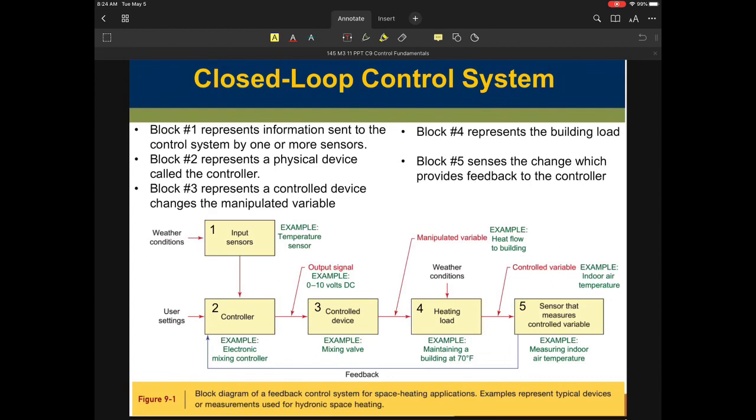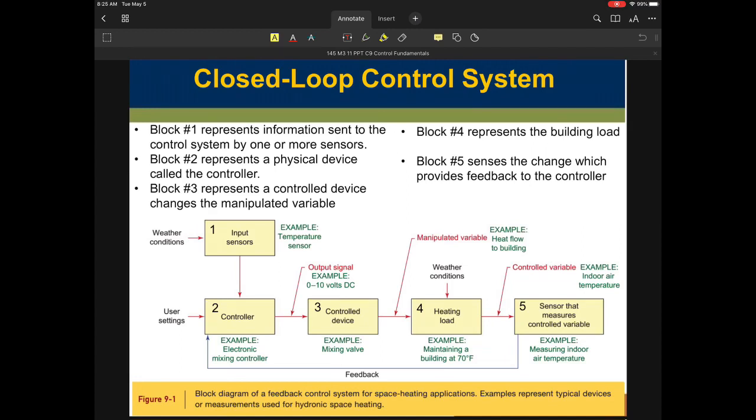Now this is slightly manipulated from what you have in your textbook. In your textbook there was a figure, figure 9-1, and what I did was put numbers on each of those blocks to represent what their function is, or what they are trying to do.